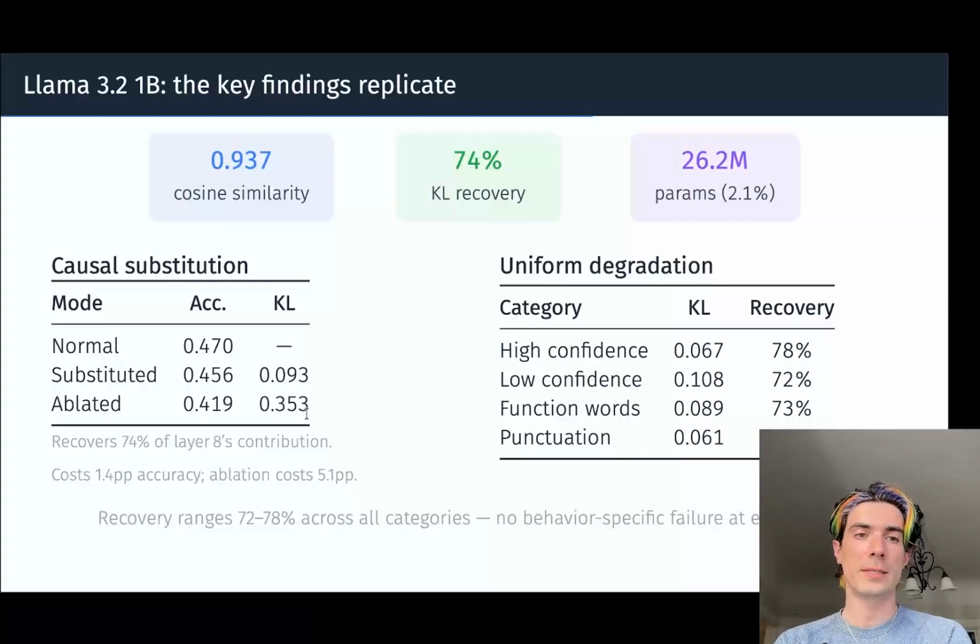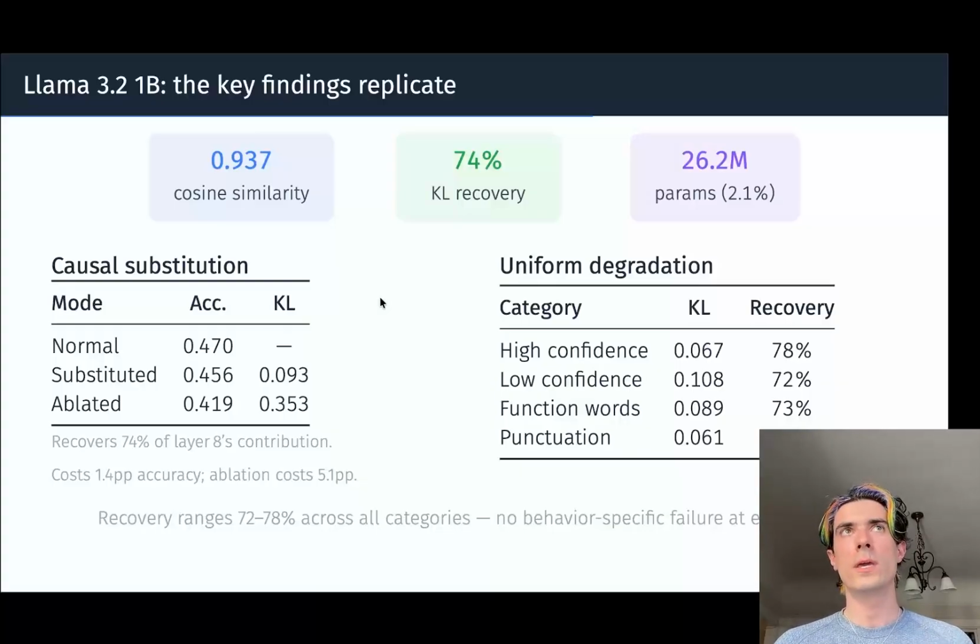But we see the same effects in terms of causal substitution, in that you can substitute the forward model for the main model layers and get broadly the same results. We also see uniform degradation across the board on the sorts of places where KL and cosine get worse.